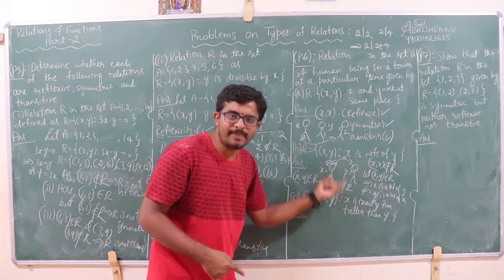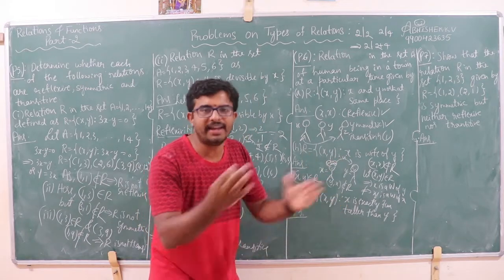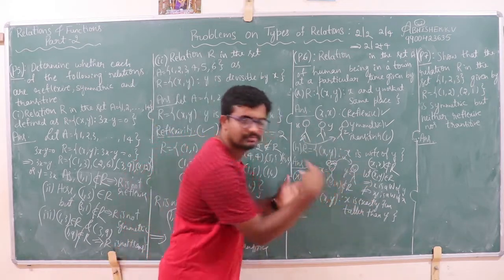Then y is male, so there is no ordered pair y is a wife of z.